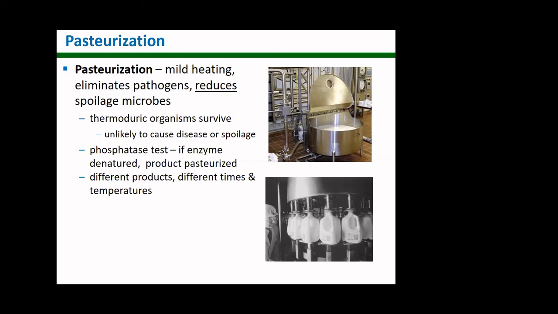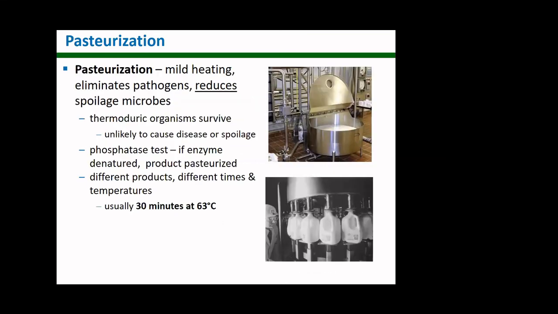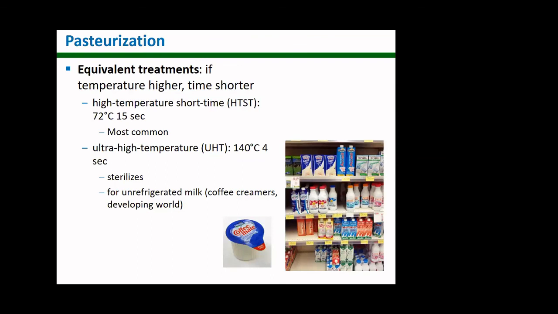So different products need different times and temperatures. It's usually about 30 minutes at 63 degrees Celsius. That sounds incredibly specific, but that's kind of like the gold standard for milk. So if you can get a higher temperature than that without ruining your food product, you can go for a shorter amount of time. There are different kinds of pasteurization called high temperature short time, or HTST, which is only 15 seconds.